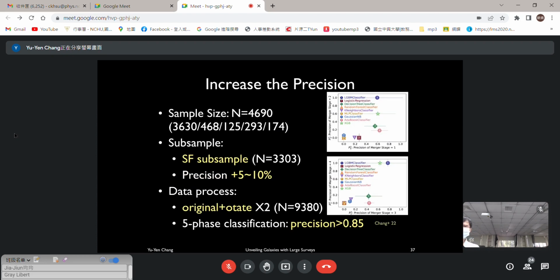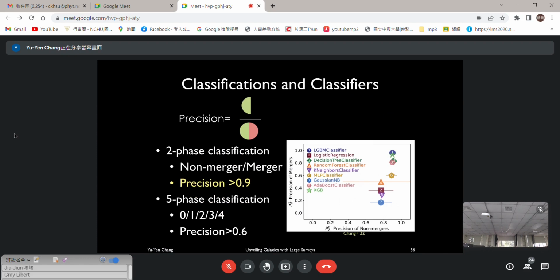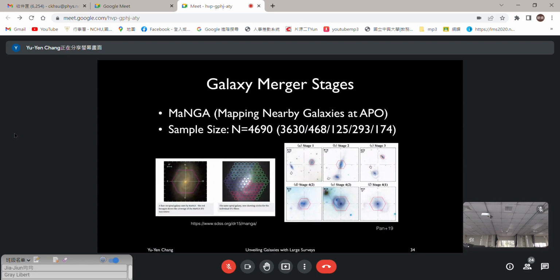In order to increase the precision, we try different tests. For example, if we only focus on star-forming subsamples, the precision can be increased. And in data science, if we deal with images, it's also quite common to do pre-processing. For images of merging galaxies, we know that even if we rotate the images, the physical properties are still the same.